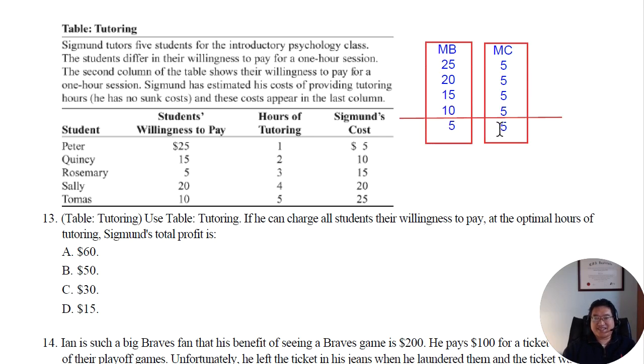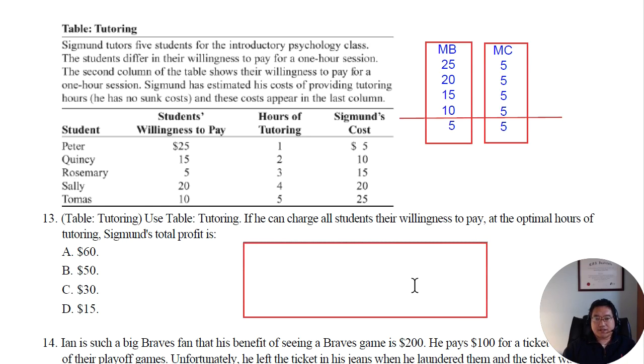Why not? But anyway, the point is that for this last one, it's kind of break even. It doesn't matter whether Sigmund does the 5th hour for Rosemary or not. It really doesn't matter. So we can calculate, right?